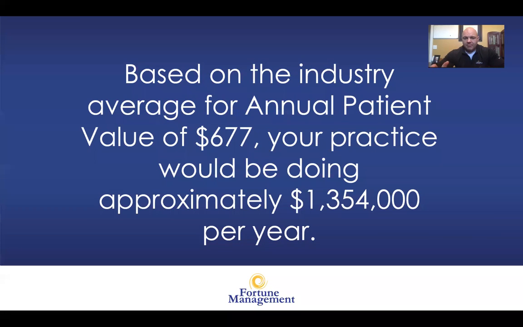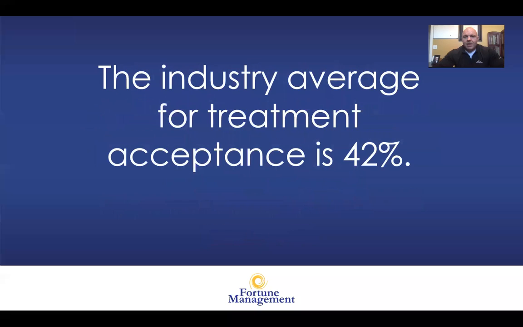So that kind of makes sense to you. The industry average for treatment acceptance is 42%. And these averages are based on about 5,000 practices across the United States that have 500 active patients or more. So they're fairly reasonable sized practices, or bigger, and a sample size of about 5,000 practices across the country.